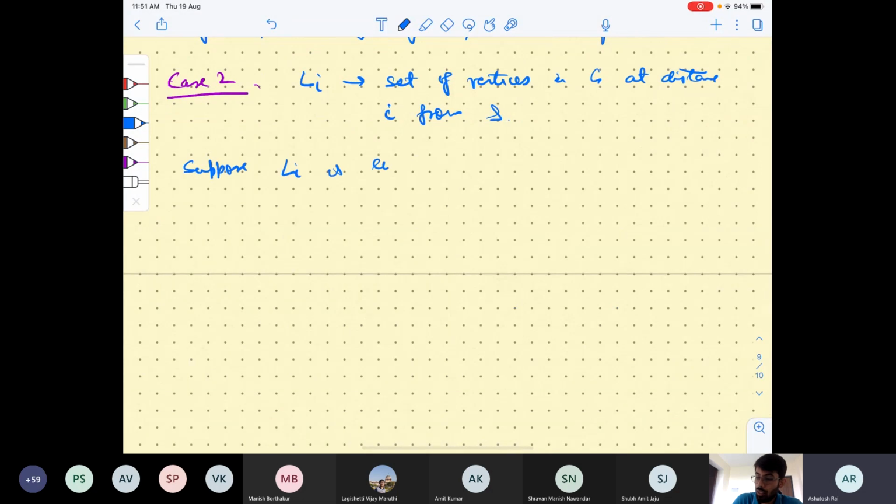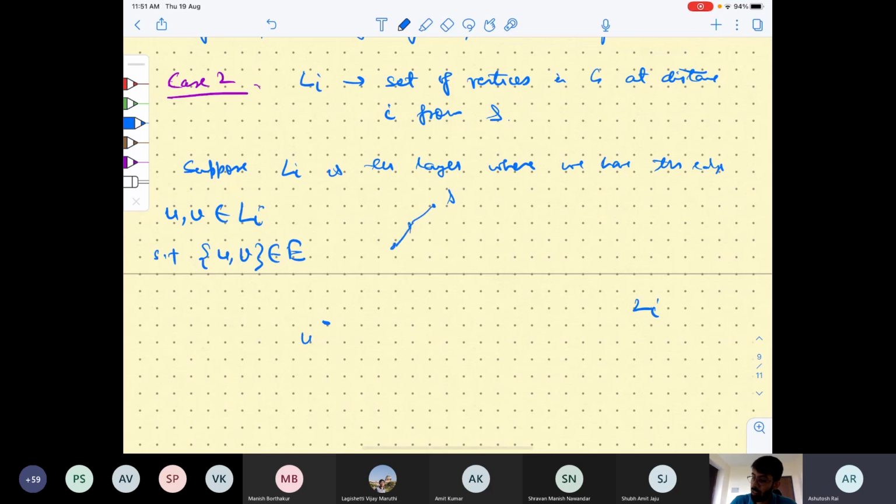Suppose Li is the layer where we have the edge. So now you have S, and this is Li, and there are two vertices U and V. So let U, V belong to Li such that UV is an edge.